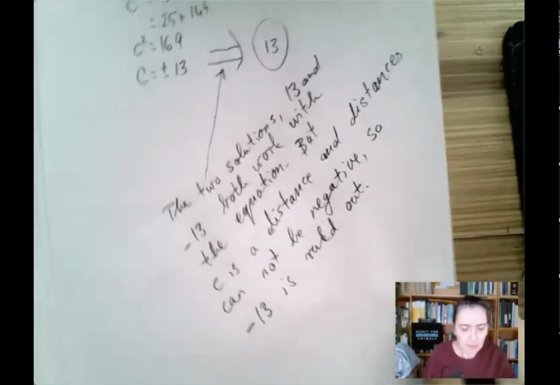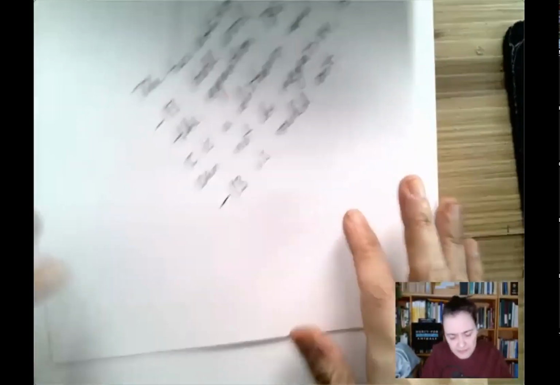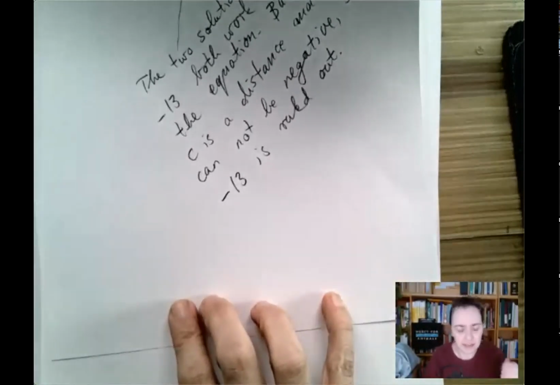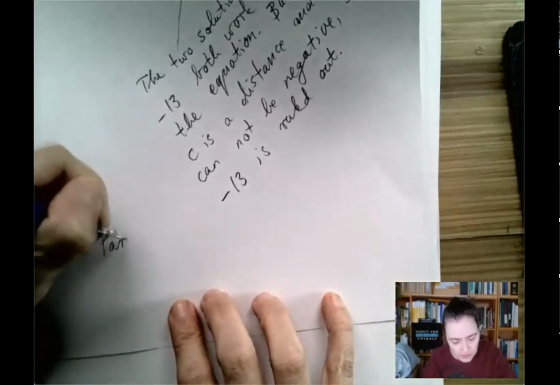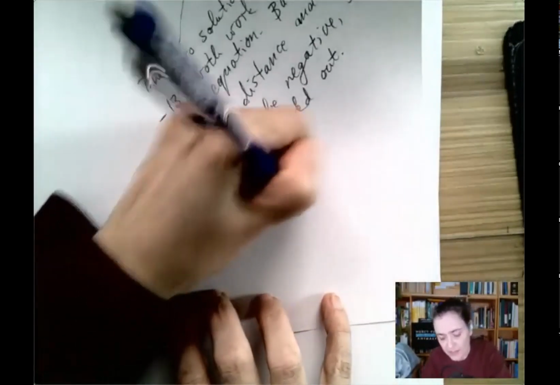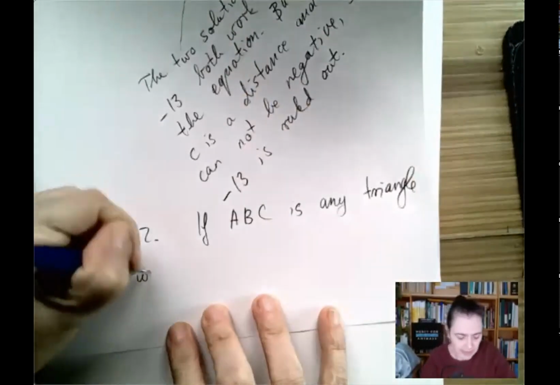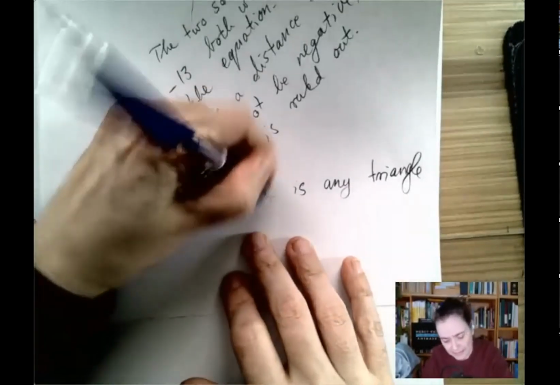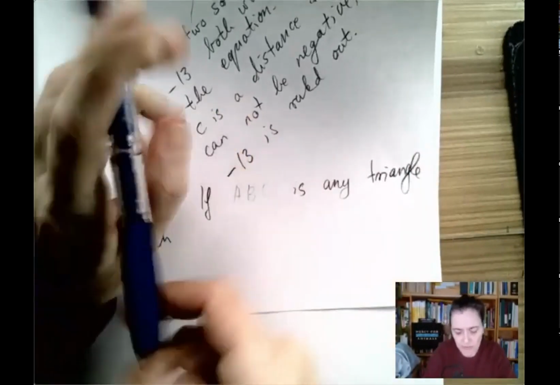Very good. Now, part 2 of the Pythagorean theorem says that, and only right triangles do that. Other triangles don't. So part 2: if ABC is any triangle with sides, and I'm not even going to use A, B, and C, I'm going to use P, Q, and R for points.